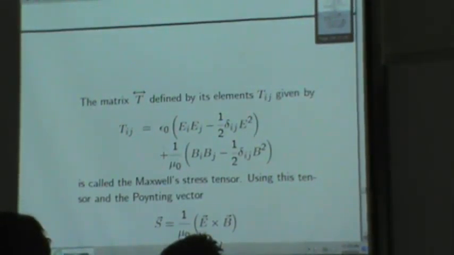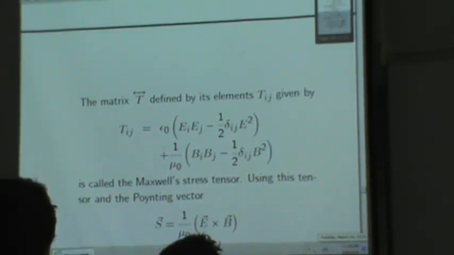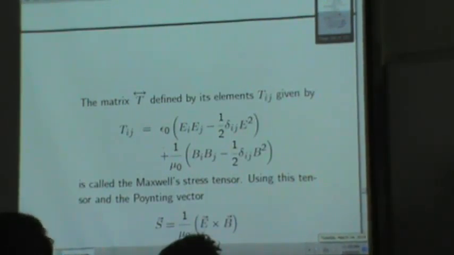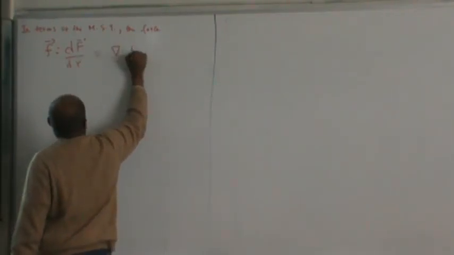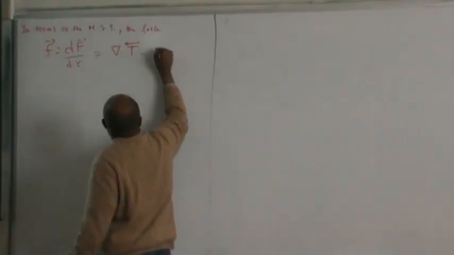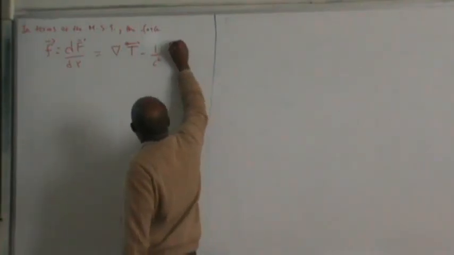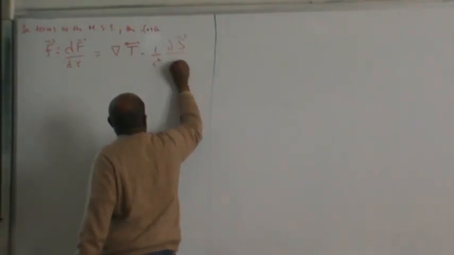With this, let's go to the example that we are going to do, but first let's write the equation. In terms of the Maxwell stress tensor, the force can be expressed as, well, actually the force density f, which is defined as dF with respect to d tau, is equal to the divergence of the Maxwell stress tensor minus 1 over the speed of light squared times the time derivative of the Poynting vector.